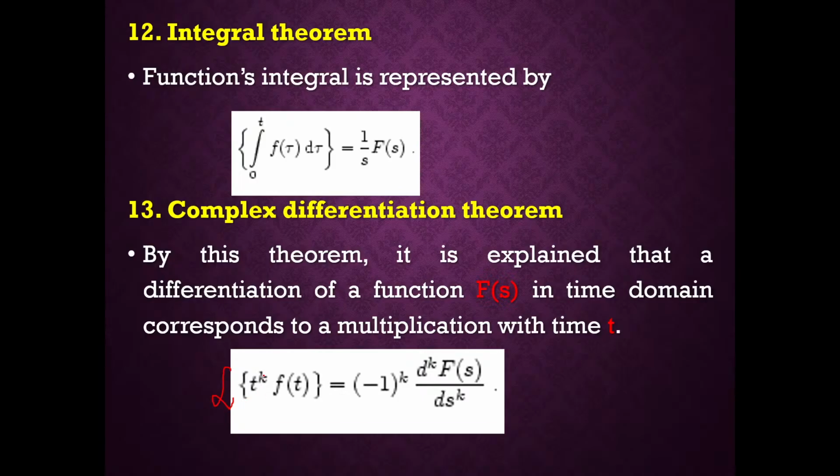So Laplace of t to the power of k, where k is a constant and t is time, multiplied with function f of t, is given as minus 1 to the power of k, d to the power of k by ds to the power of k of F of s. This is the complex differentiation theorem.